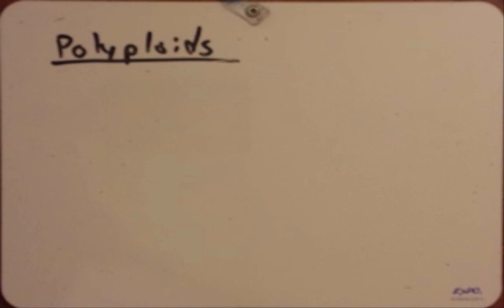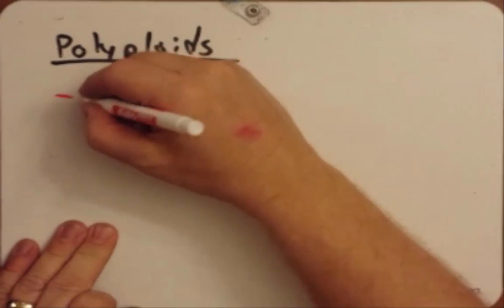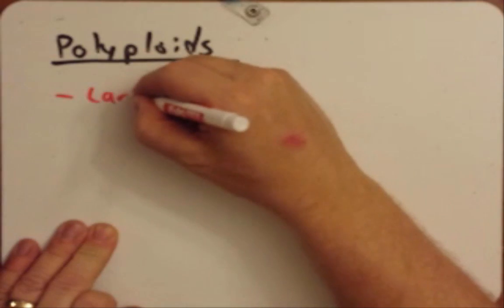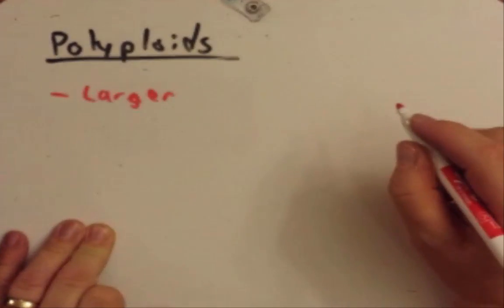And we already talked about how many plants, flowering plants, grasses, ferns, are polyploids. But some features of these polyploids are that they are usually larger than their non-polyploid relatives.